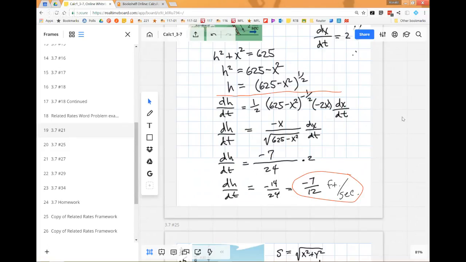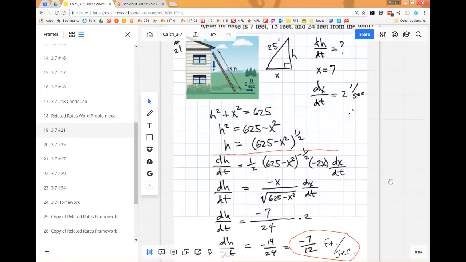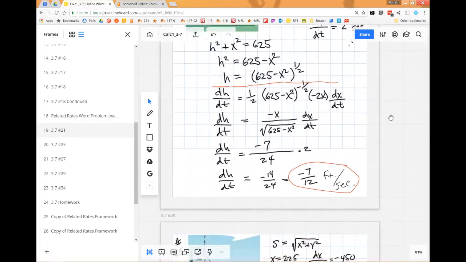Now let's plug in what we know. x is 7 and dx/dt is 2. So in place of x, I plugged in a 7, and for dx/dt, I plugged in a 2. And down here, we can actually work it out. x squared is 49. 625 minus 49 is 576. And the square root of 576 turns out to be 24.